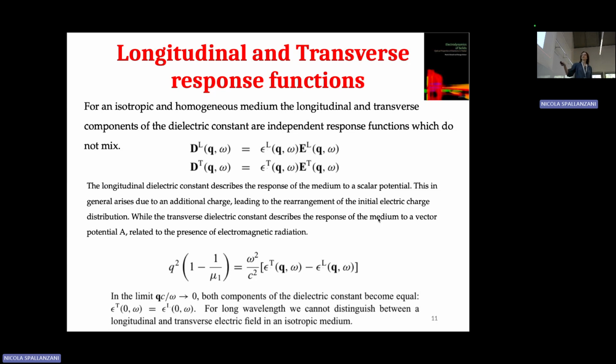After some manipulation, we can obtain this kind of expression, which says that for Q going to 0, the two components are equal, in the sense that when the wavelength is very large, we cannot distinguish between the longitudinal and transverse components.